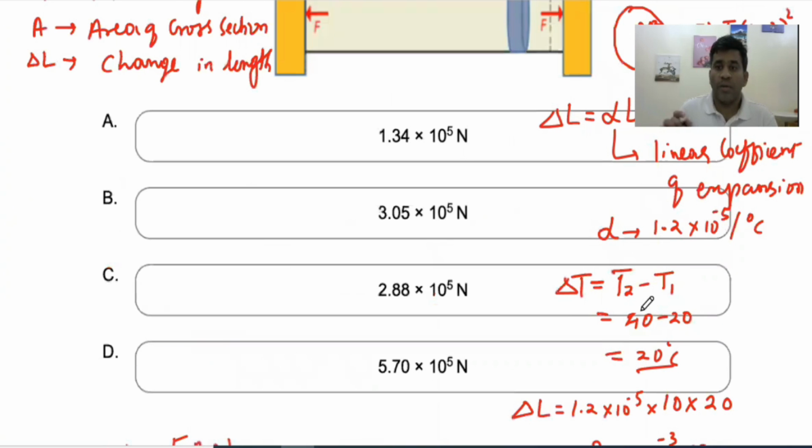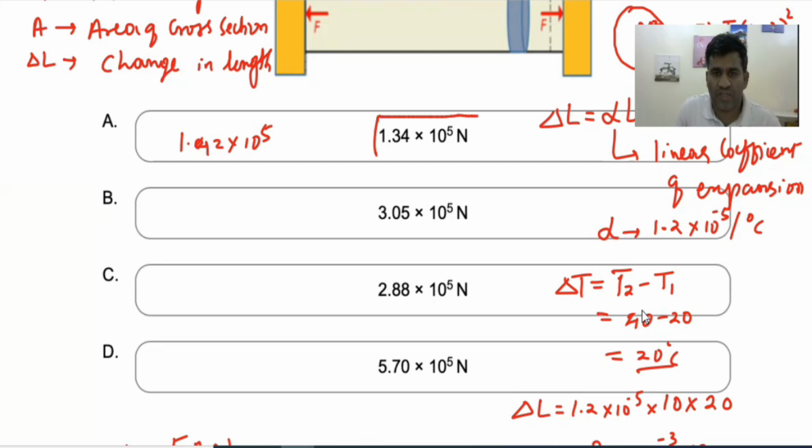As I told, I don't know the exact value of the Young's modulus constant, but in the exam it will be given to you. I have just taken the range value, the extreme value, and based on that I'm calculating. So my answer for the force exerted is slightly more than that. The nearest value, 1.42 into 10 to the power 5, matches nearly with 1.34.